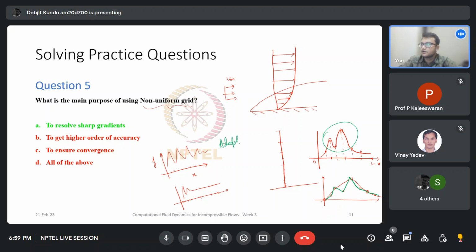Have you heard of it? People who have some experience in using CFD tools would definitely come across this adaptive mesh. So what are these? What is the use of them? Has anyone come across this?